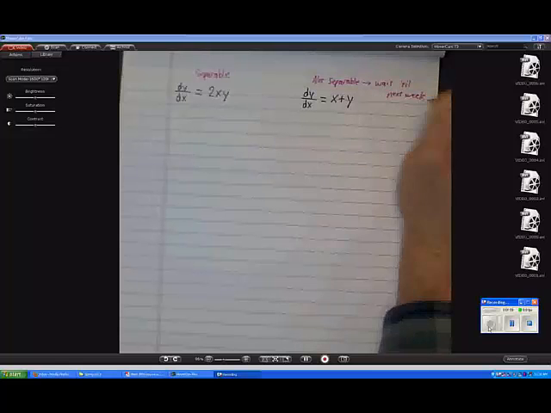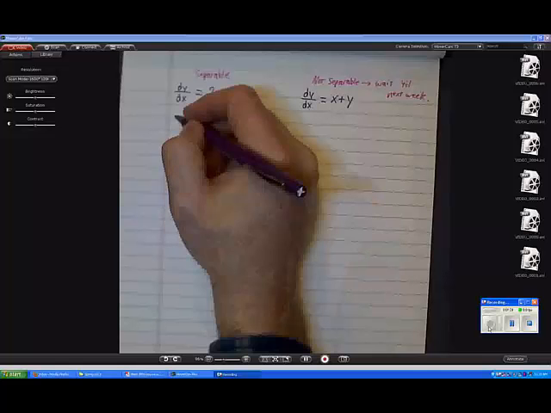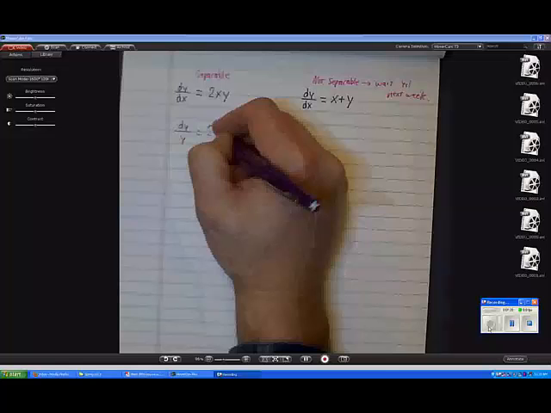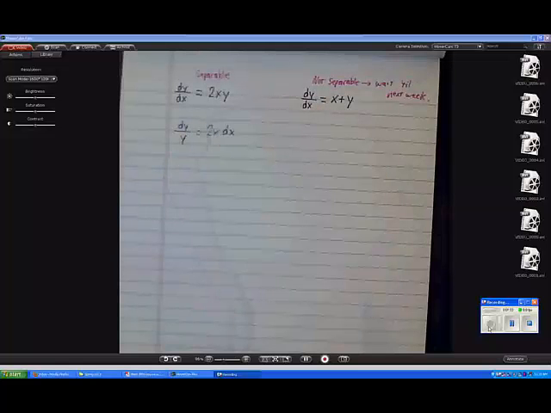Just to give you an example that not every simple differential equation is separable. But this particular one, let's see, what can I do? Well, I would probably write dy over y equals 2x dx. Then what? Okay, what do I get?